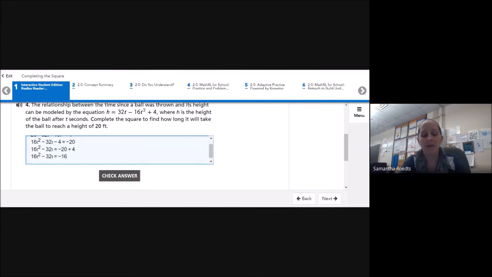So when I divide everything by 16, 16t squared minus 32t equals negative 16, I'm going to divide each of these by 16.